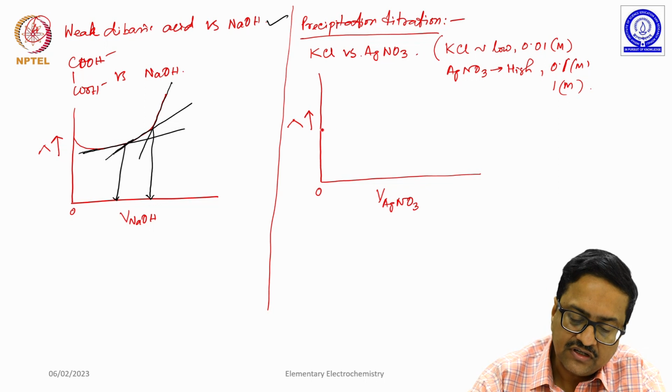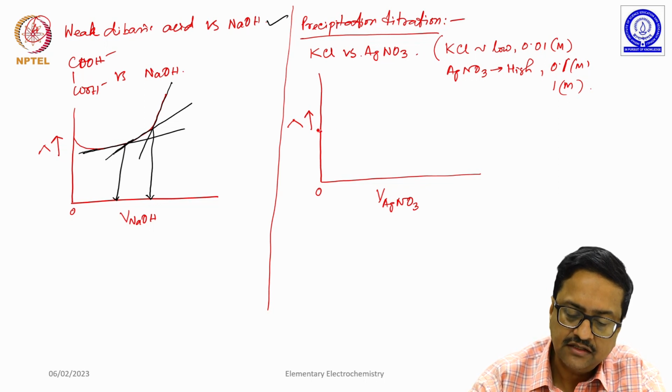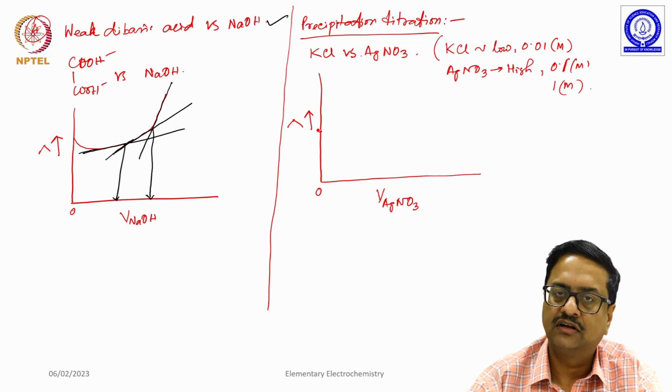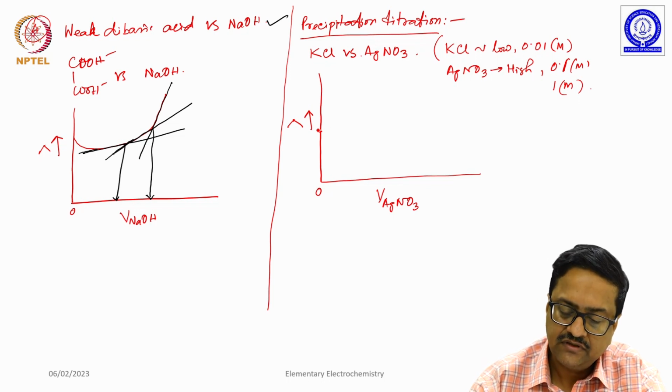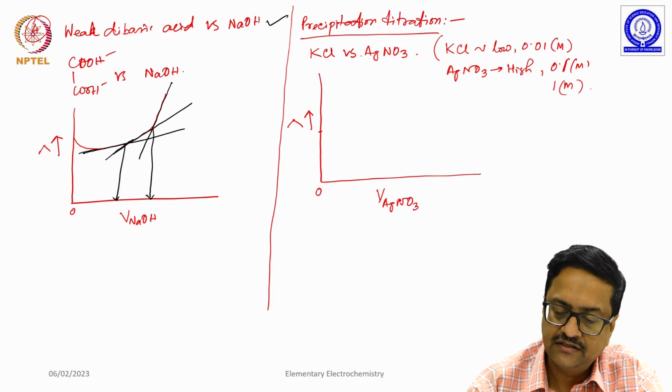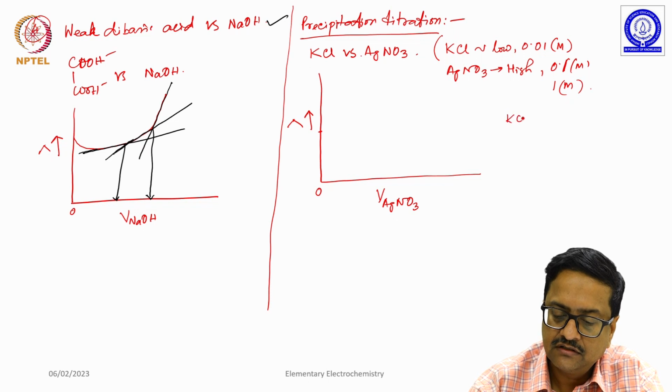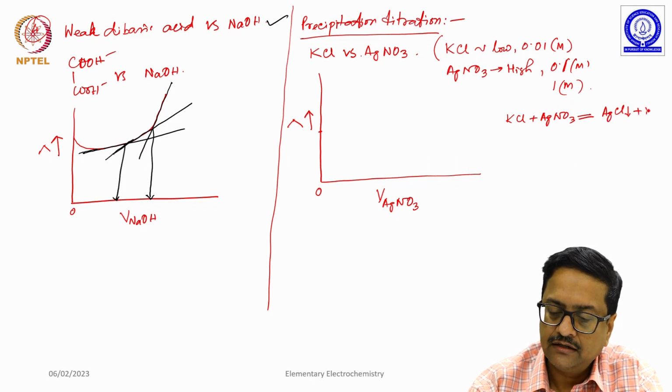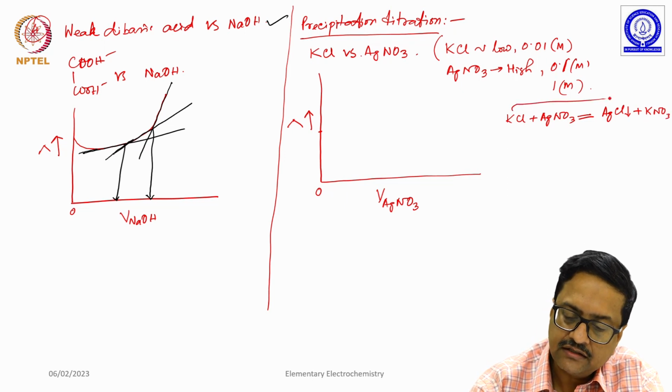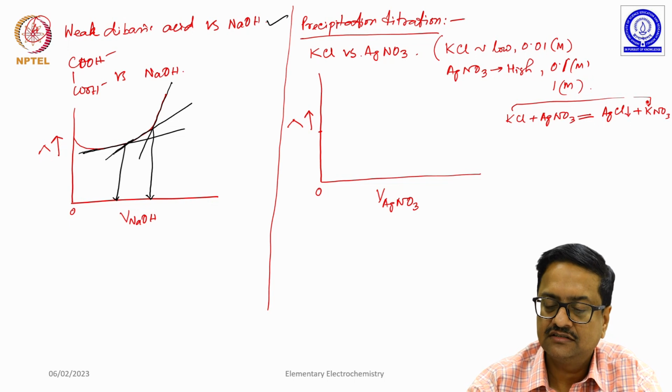Now when we have not added any silver nitrate, it will have a decent conductance, and then when we slowly start adding silver nitrate, what will happen? KCl plus AgNO3, we will get AgCl as precipitate and KNO3 will form. So the ion that is present, K plus, still remains.